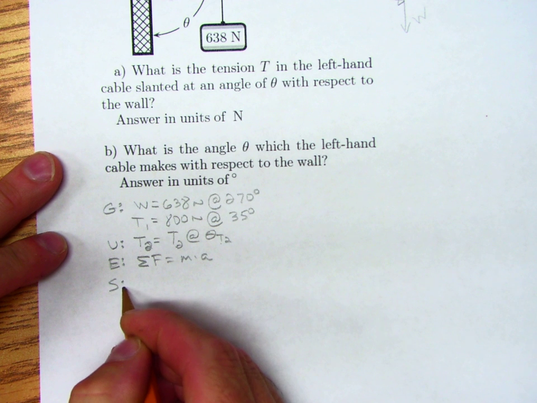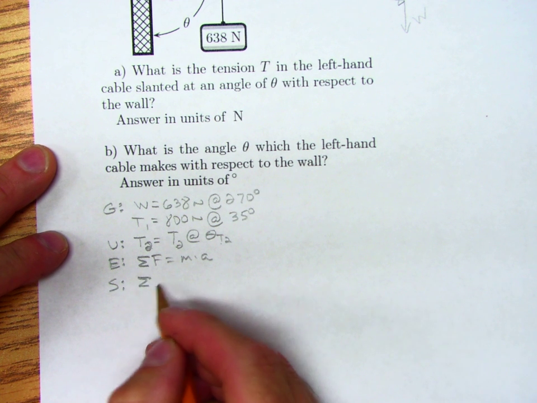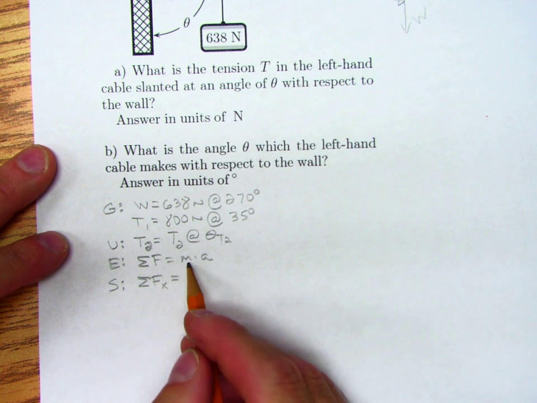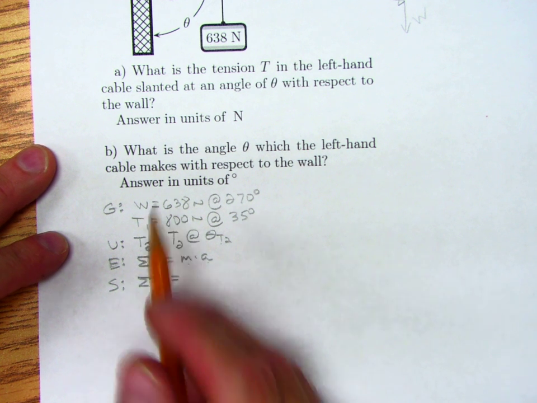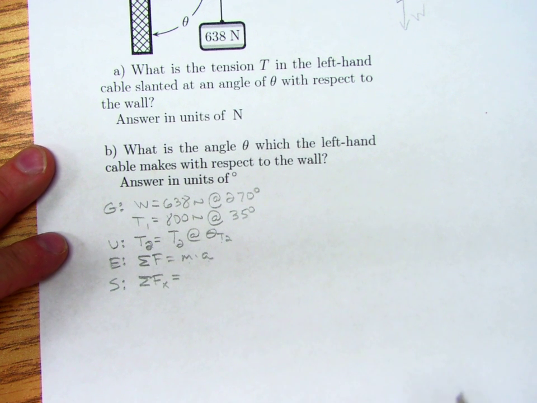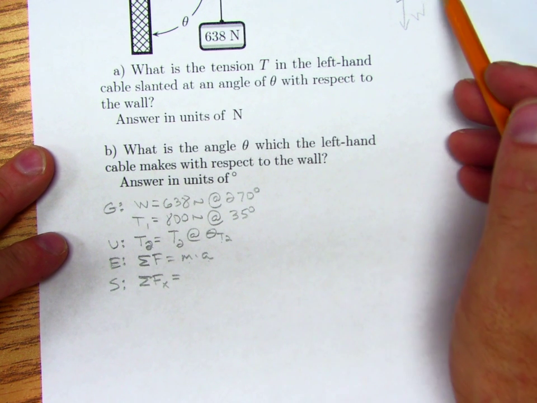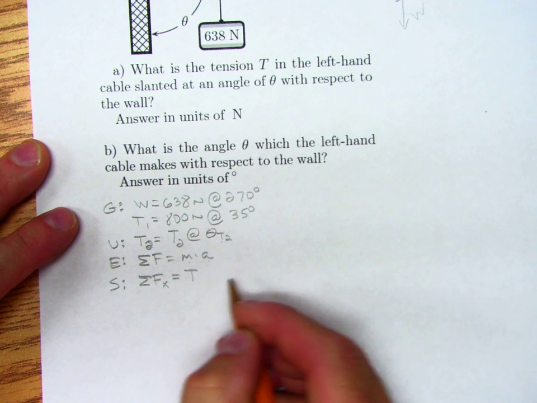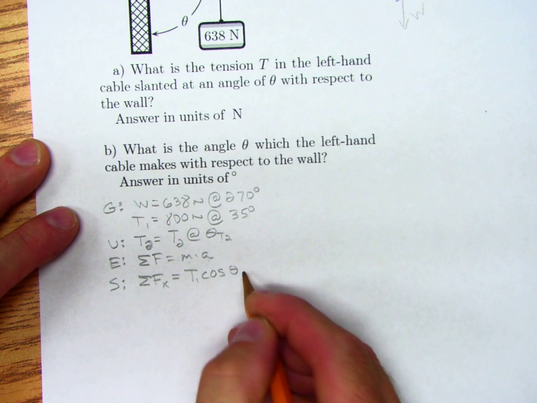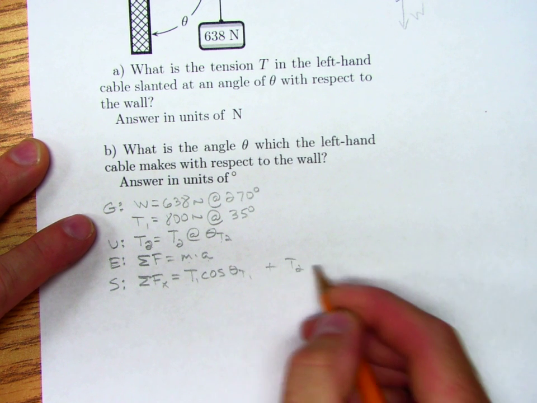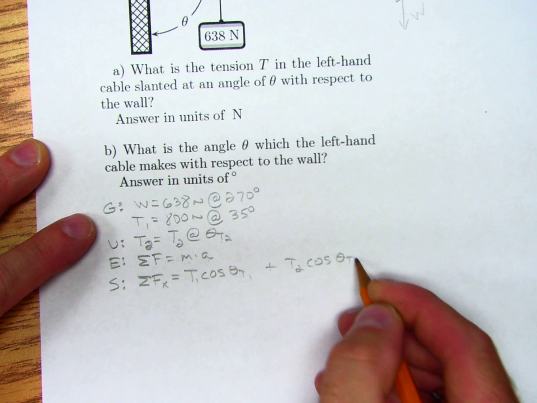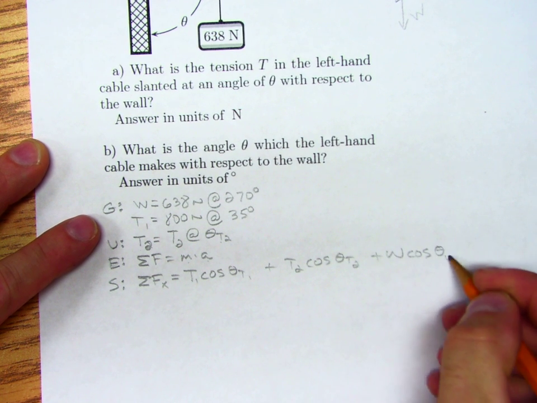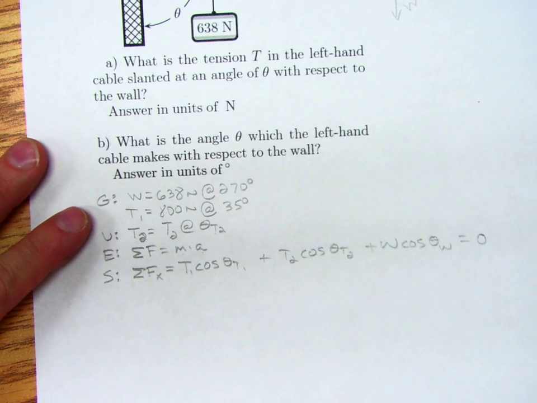So we then go to our x-axis, and we have sigma Fx equal to mass times acceleration in the x direction, but it's also equal to all of our vectors added up. So I'm going to find all the components in the x direction. I'm going to do the long way here. T1 cosine of theta T1 plus T2 cosine of theta T2 plus W cosine of theta W equals 0.